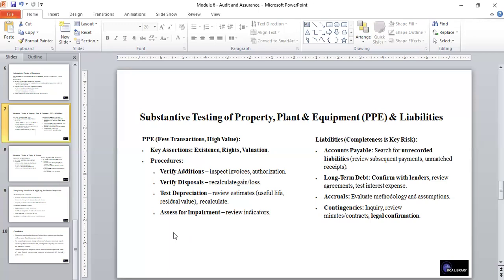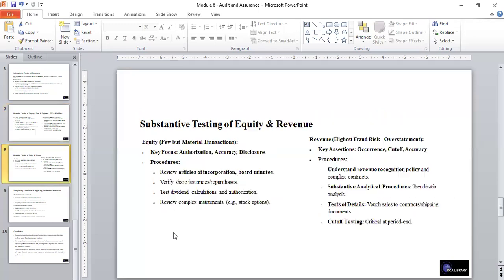For long-term debt, you have to confirm with lenders, review agreements, test interest expenses. And for accruals, you have to evaluate methodology and assumptions. And for contingencies, there is need for inquiry, review of minutes, contracts, and legal confirmation.